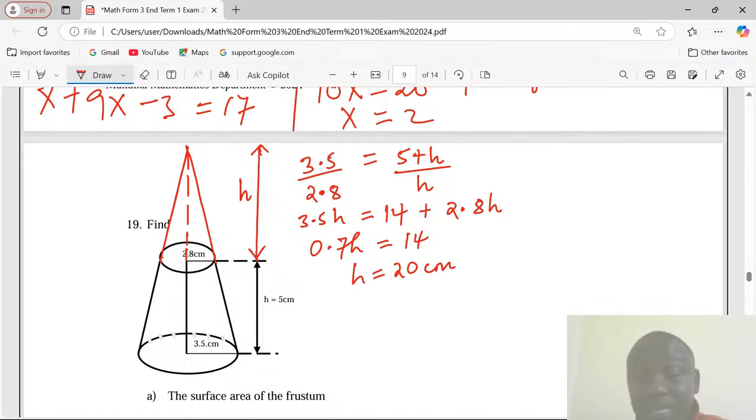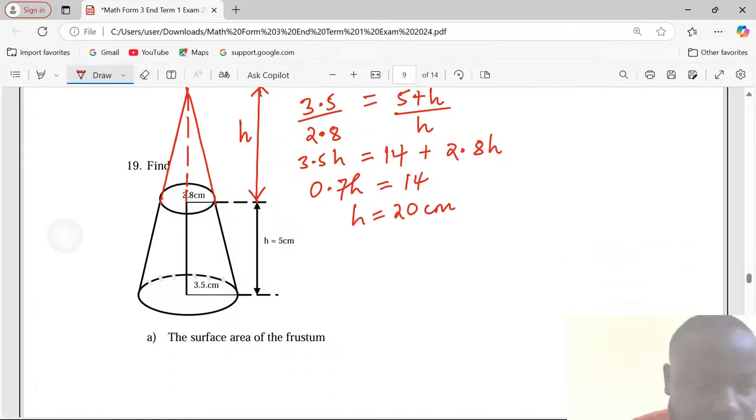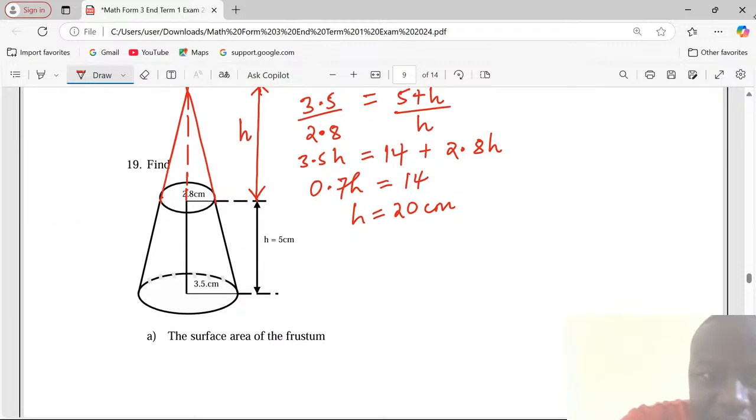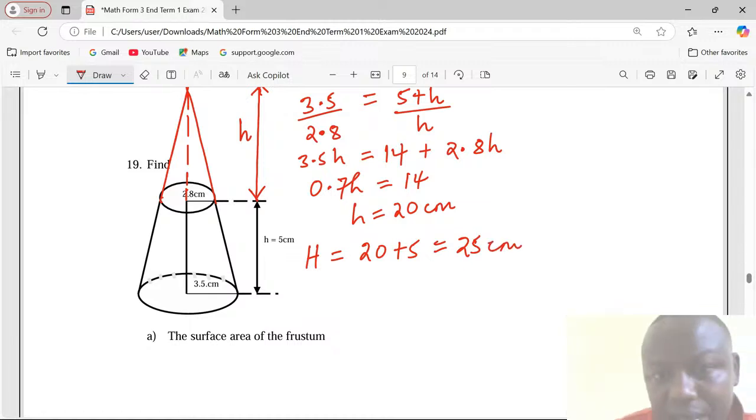So now we are having the height of the cone which was cut off. Height of original cone shall be 20 plus 5, giving us 25 centimeters.